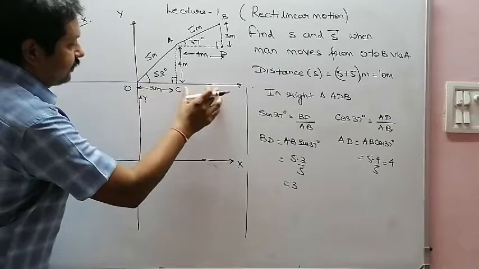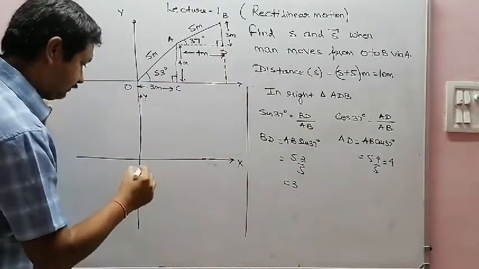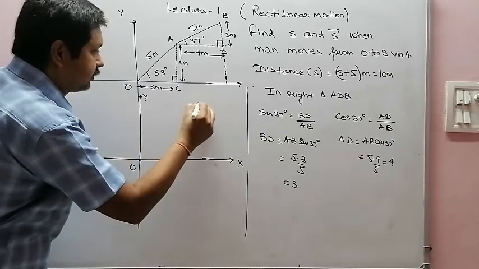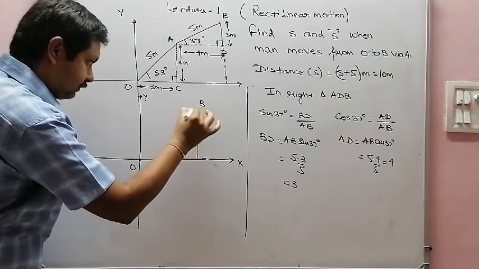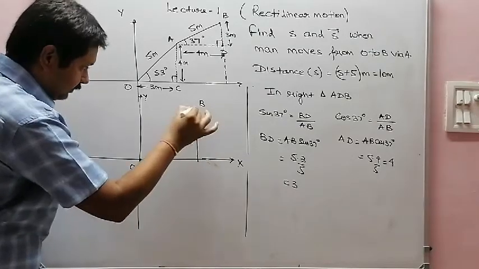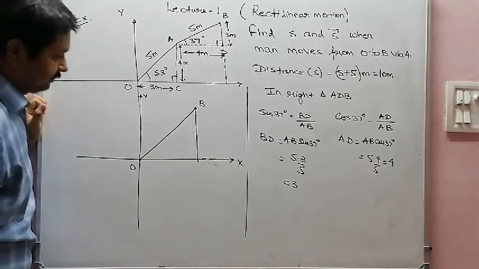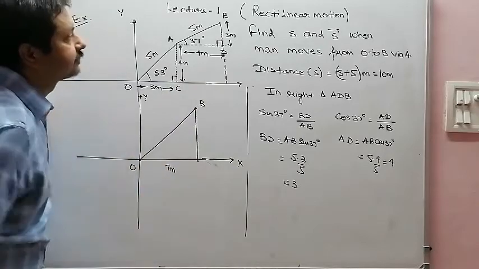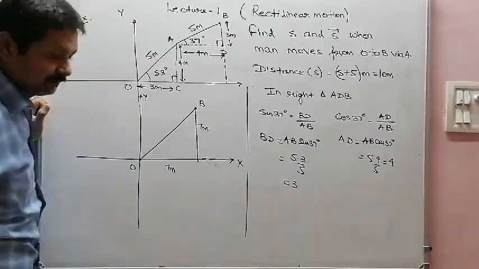This is 3, this is 4. O, this is point B. Since we have to find displacement OB, 3 plus 4, that is 7 meter. 4 plus 3, 7 meter.